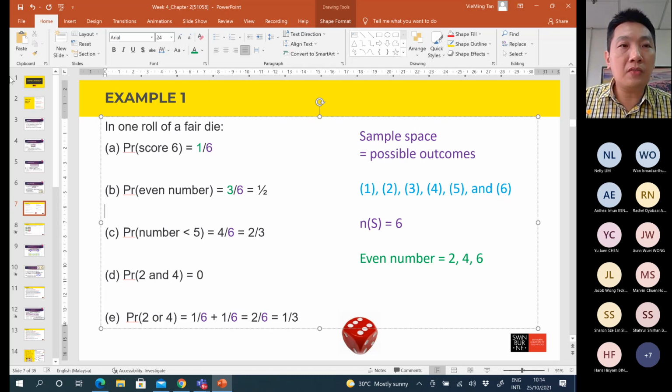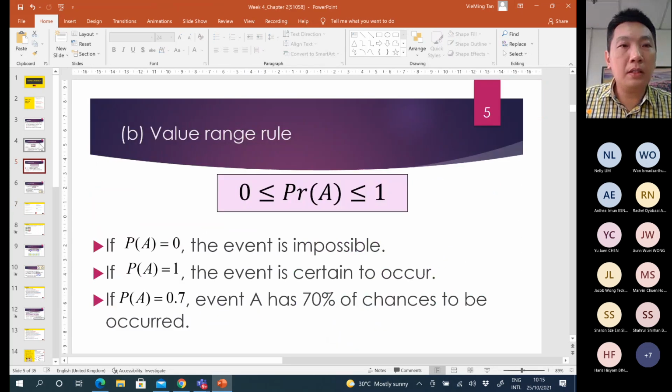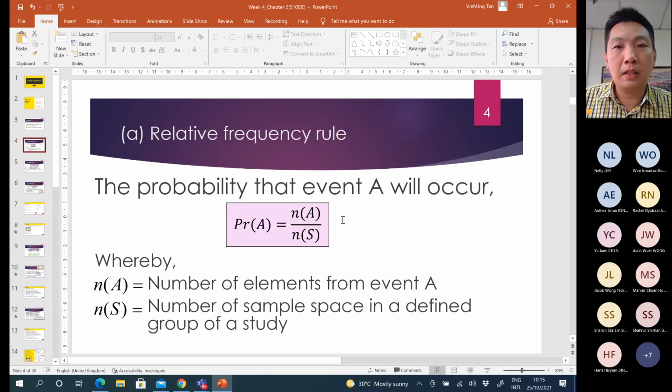So now we are only using this formula, yeah? This formula to calculate probability for event A. So just now for the second question, the event is looking for an even number. The probability that the dice will show an even number. So you can use the formula.